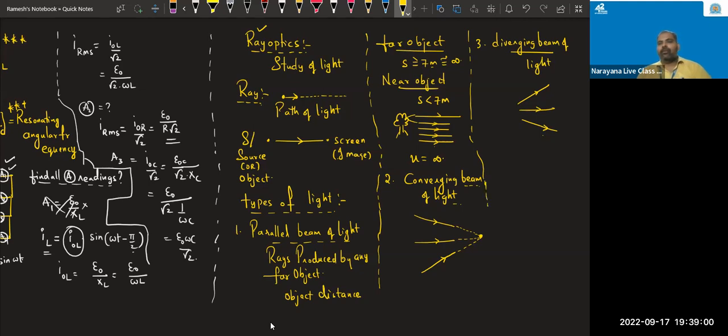So I can write: the light rays which never meet is called what here? Diverging beam of light. The rays which meet near is called what here? Converging beam of light.